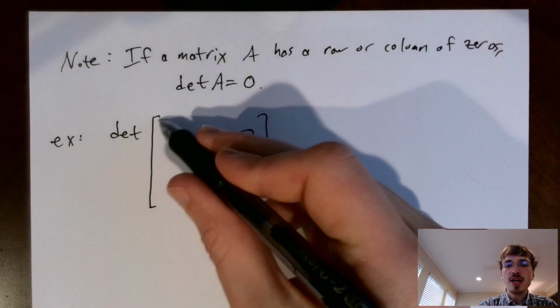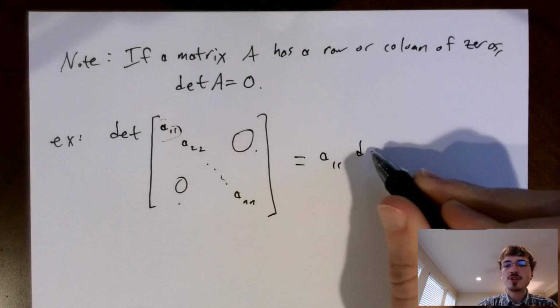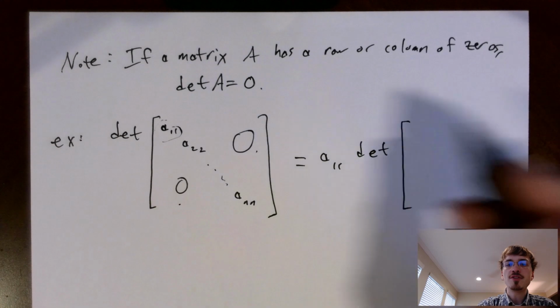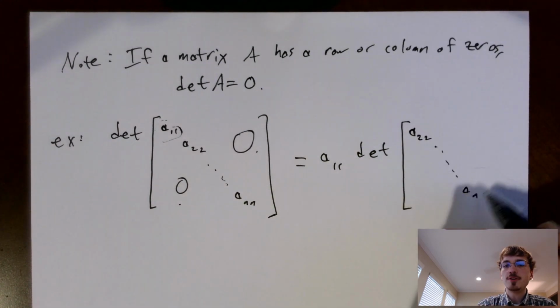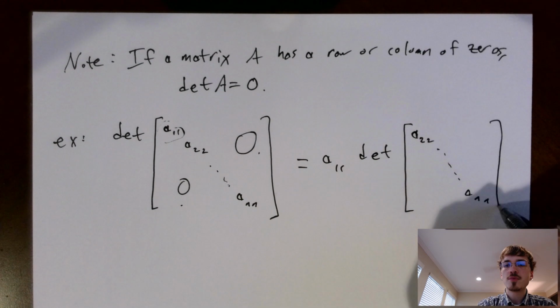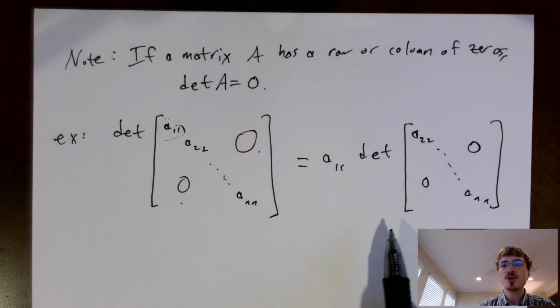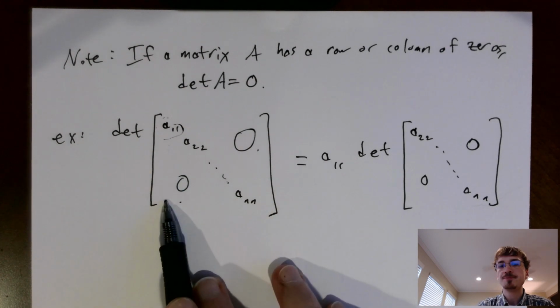This is going to be A11 times the determinant of, block off the row, block off the column. The only things that are left are A22, ANN, with zeros elsewhere. And there are no other entries in this term in the cofactor expansion because all the other coefficients are 0 going down this column.